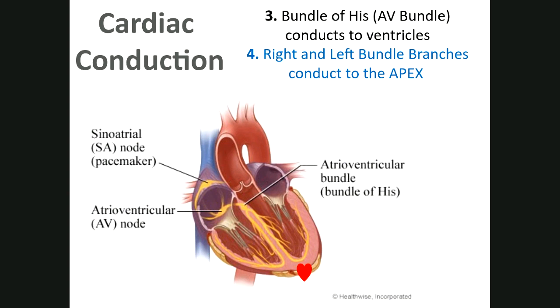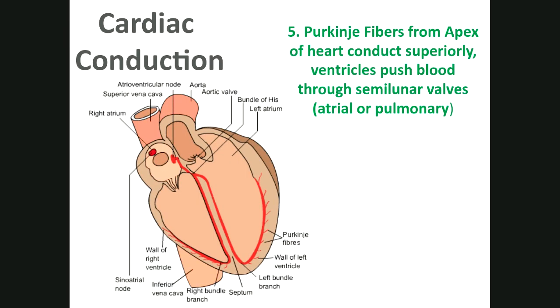Then this impulse is going to travel down the interventricular septum. At the apex of the heart, it's going to divide into right and left bundle branches, and then along the Purkinje fibers.